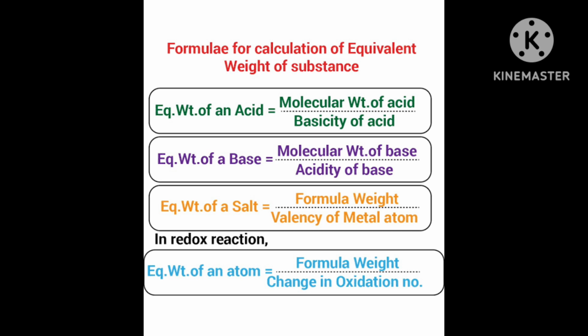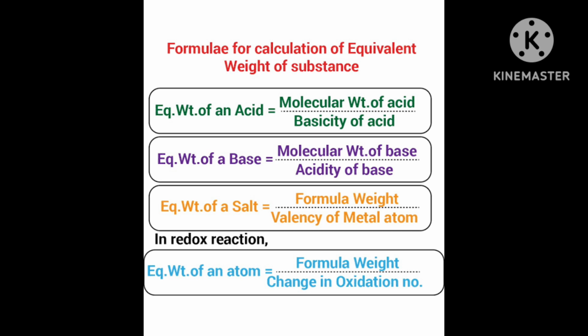First, you remember, the equivalent weight of a substance is the number of parts by weight of the substance that can combine with or displace, directly or indirectly, first, 1.008 parts by weight of hydrogen.